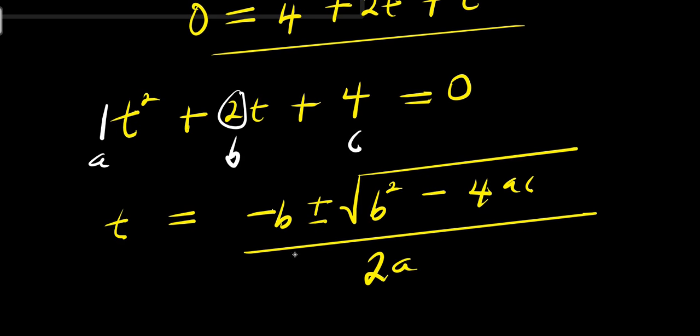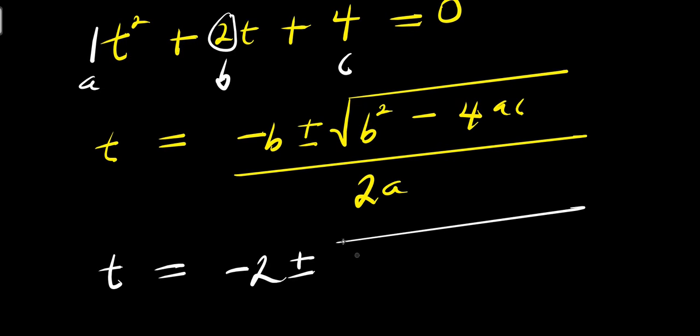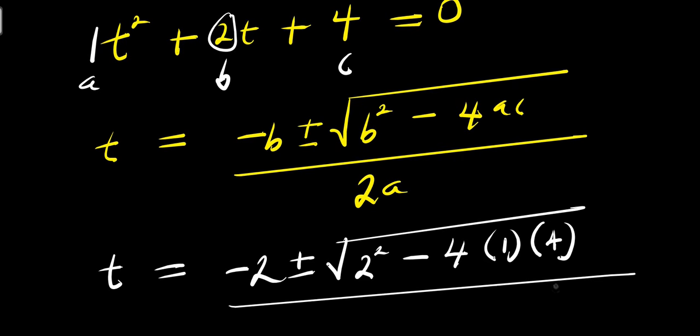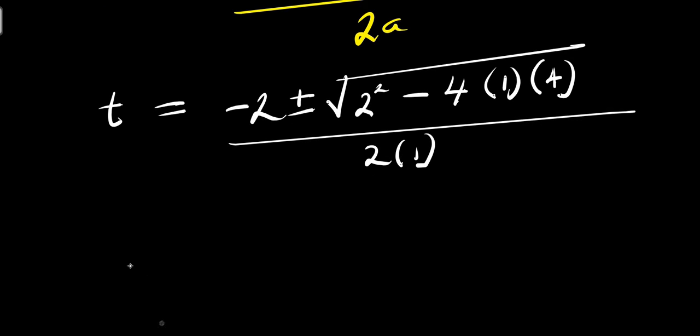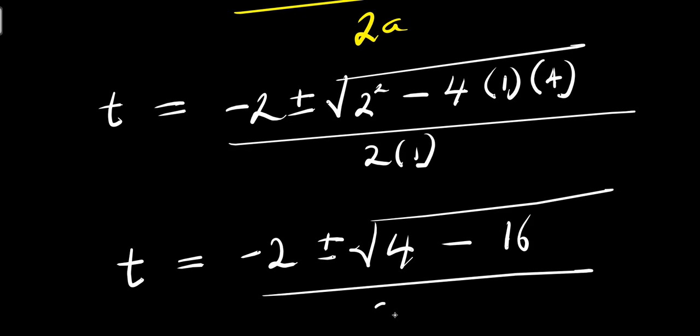And c is 4. We have t equals negative b, that is negative 2, plus or minus square root of b squared minus 4 times a times c, divided by 2 times a. So from here we have t equals negative 2 plus or minus square root of 2 squared, that is 4, minus 4 times 1 times 4, divided by 2.